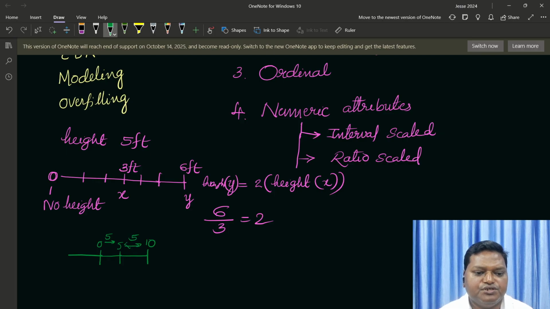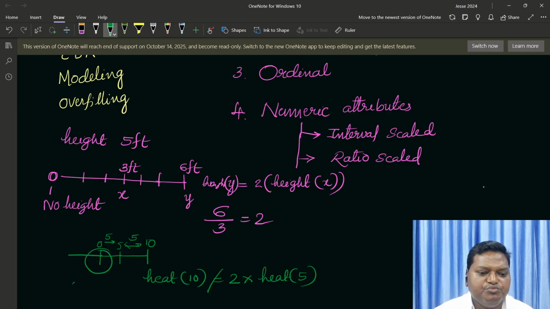But the problem here is I cannot say that the heat at 10 is double the heat at 5. Why? Because 0 doesn't mean that there is no temperature or no heat. You can even have a temperature of -1, -2, -3, and so on.